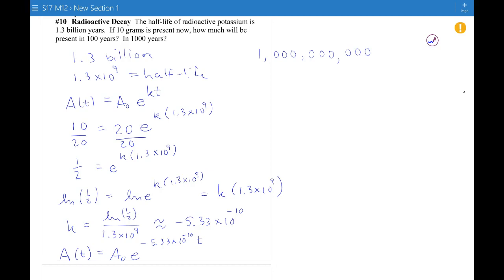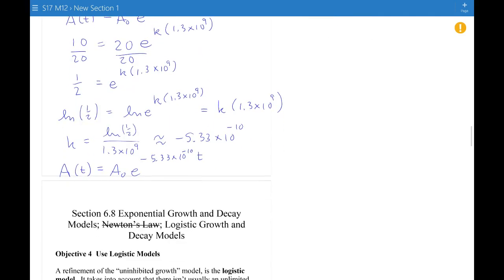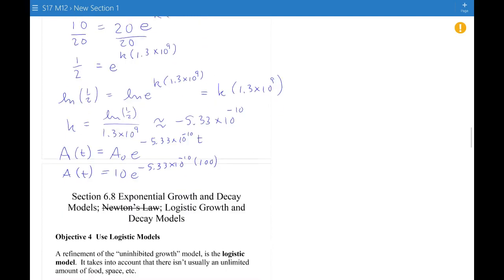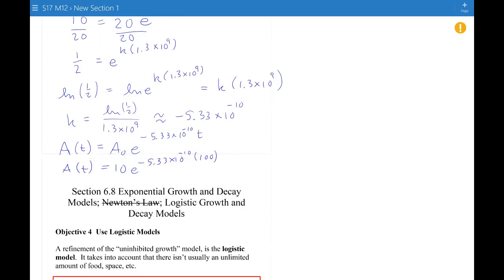Then the question says how much will be present in 100 years. So if 10 is now, and we want to know in 100, we're saying A of t equals 10 e to the minus 5.33 times 10 to the negative 10 times 100. So let's see how much it has decreased in 100 years.